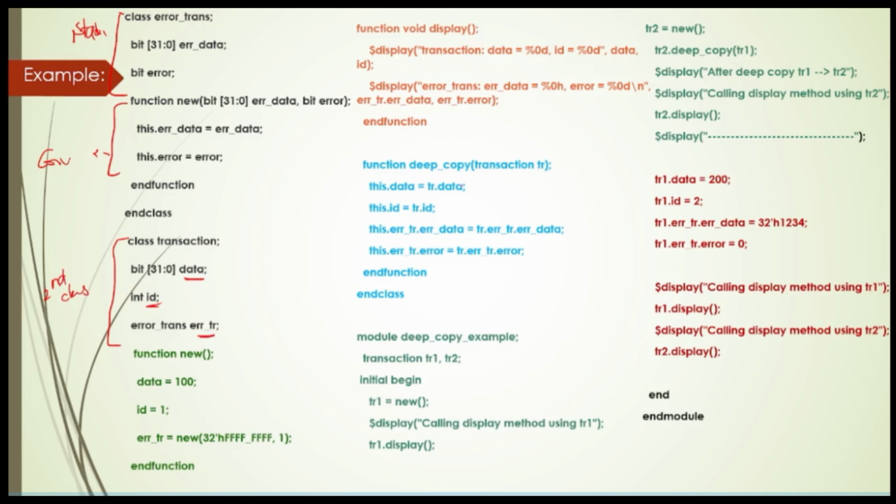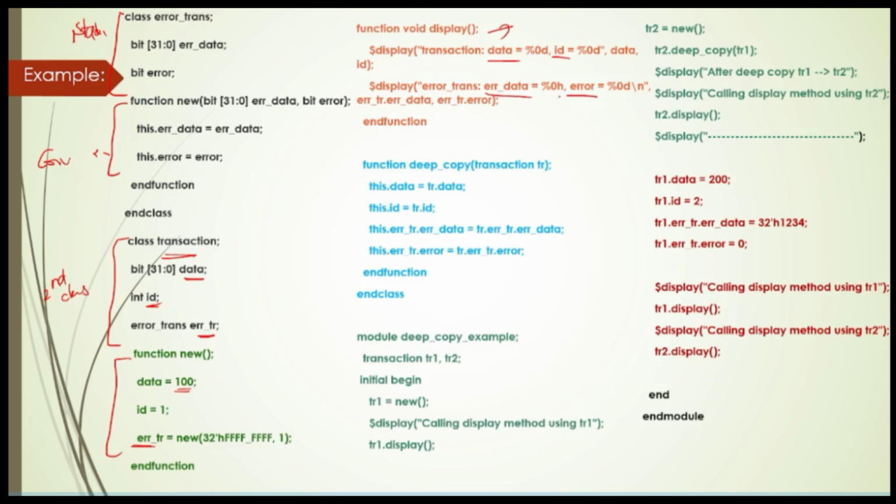Everything is the same here. Again I am writing the constructor function for my transaction class, where I assign the values for data, id and error transaction. I have also written the display function for data, id, and error data and error. Until here everything is the same for both shallow copy and deep copy.